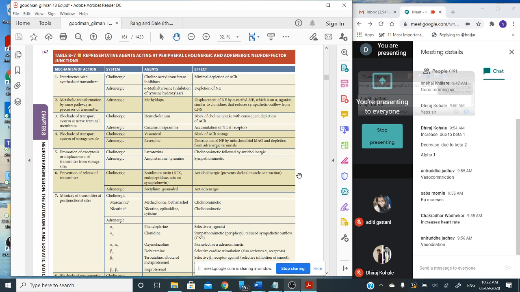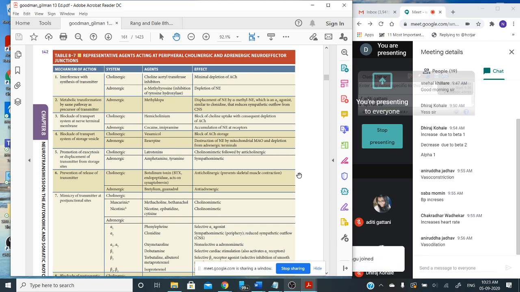Here cocaine and imipramine are not that strong, so they may not cause depletion, but if used at higher doses, they may cause depletion. So this is a dual action. At low dose, for a small duration, it increases the action of adrenaline, and if used for a long period of time, it is the same even with reserpine. So it will cause the same action.